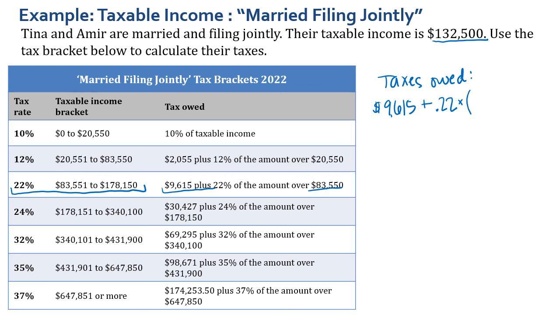That's going to be taking what they made and subtracting $83,550. And when I do that, I get $20,384. Adding $9,615, the taxes that they're going to owe are $28,384.